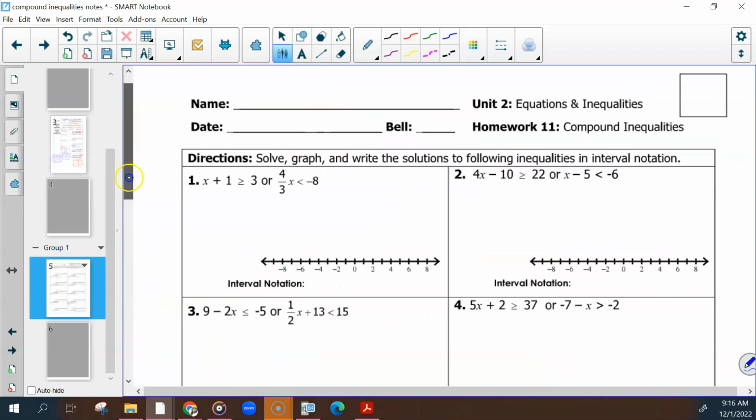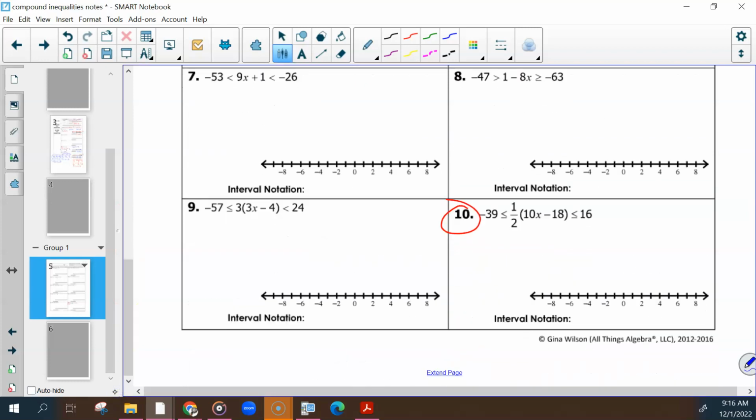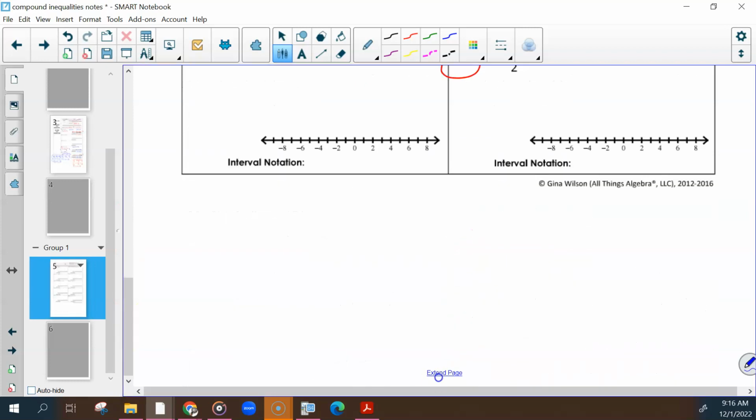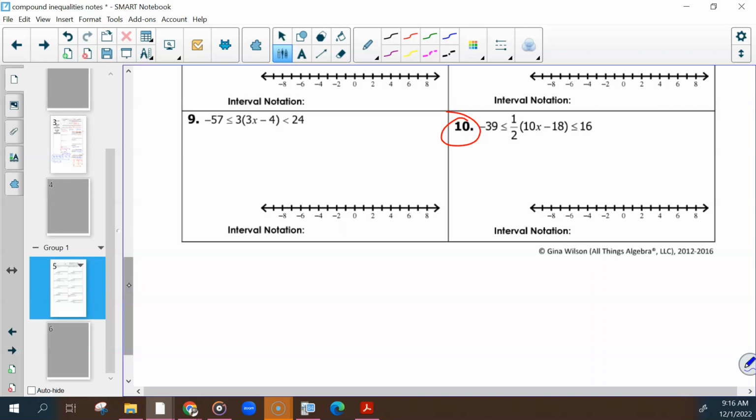Okay. Number 10 on the back. Just by looking at this first, is this going to be an and or or inequality? And, because it's all condensed. Okay. So we can either distribute the 1/2 or multiply everything by 2. Which would we rather? Doesn't matter. Multiply or distribute?